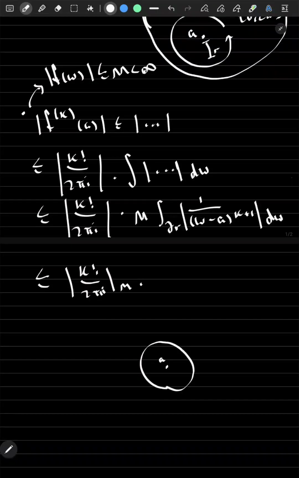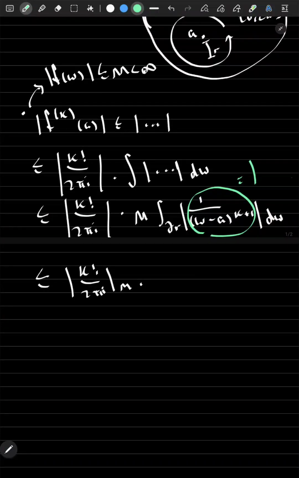We have a here, and omega we're integrating over this circle, so the distance between a and omega is always going to be the radius of the circle, little r. So this in absolute value is just equal to 1 over r to the k plus 1.